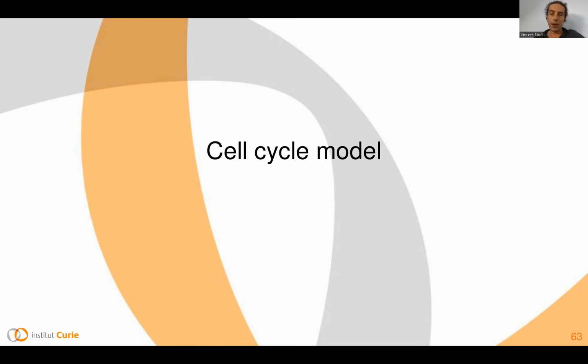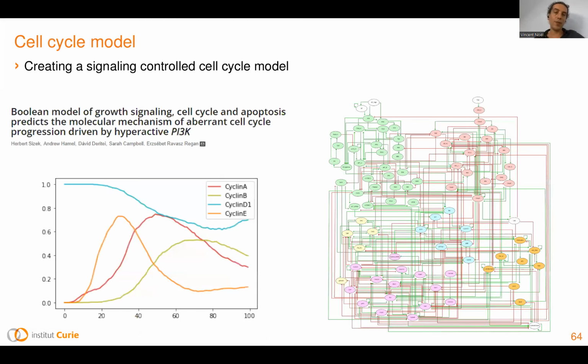Initially in PhysiCell, we have some cell cycles which are simple cases where we just decide how many states, how many phases we want inside our cell cycle model, with some specific rates of transition between each phase. But we wanted to have real signaling pathways controlling the cell cycle of PhysiCell.